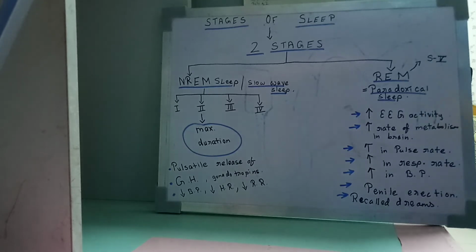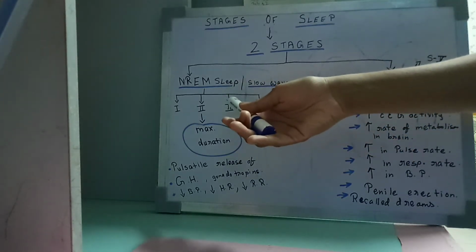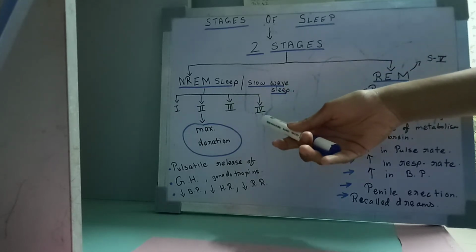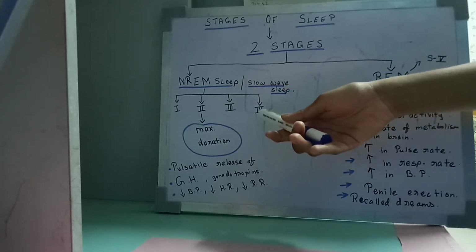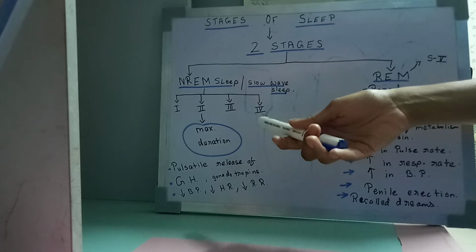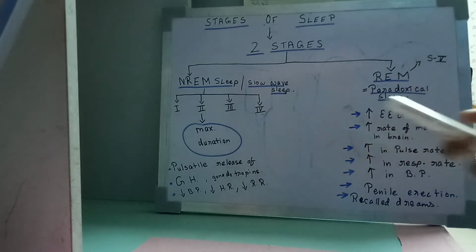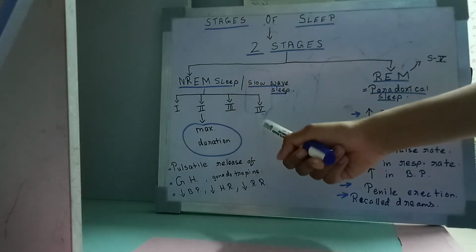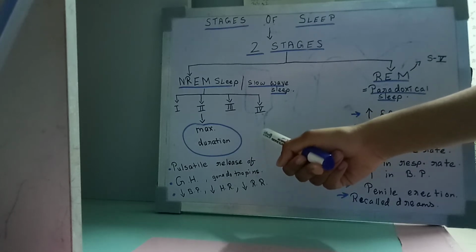So, remember, in the third stage I said appearance of delta waves, and in the fourth stage, predominance of delta waves. So you have to be very sure when you read the options: appearance of delta waves and predominance of delta waves are two different things. Appearance in stage 3 and predominance of delta waves in stage 4.